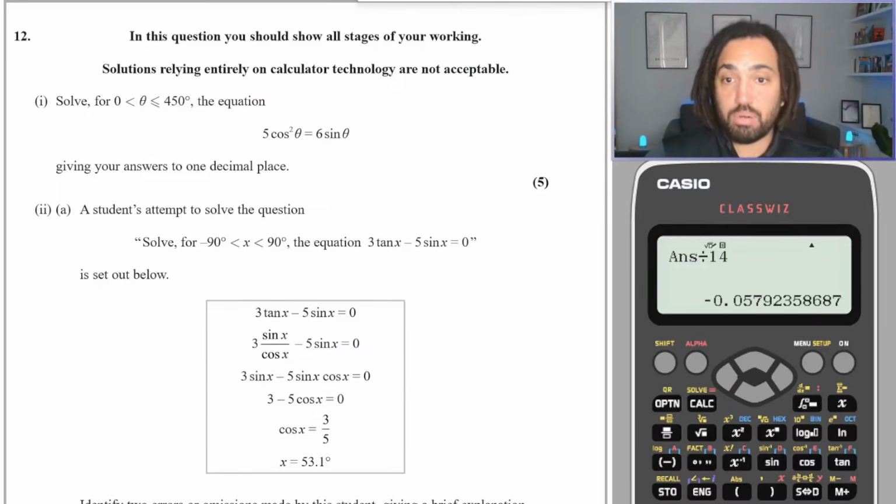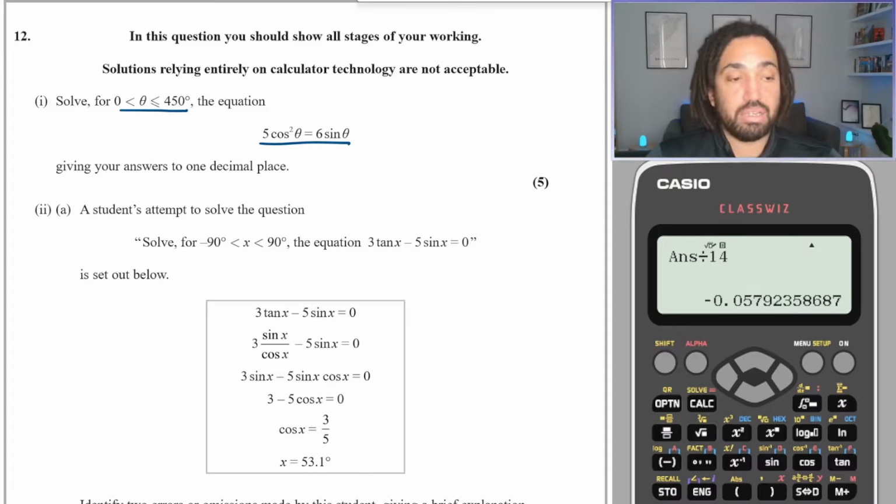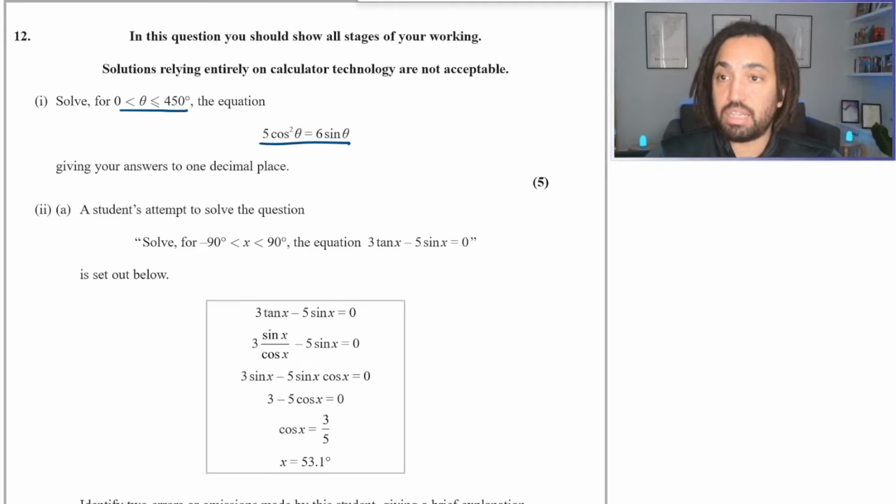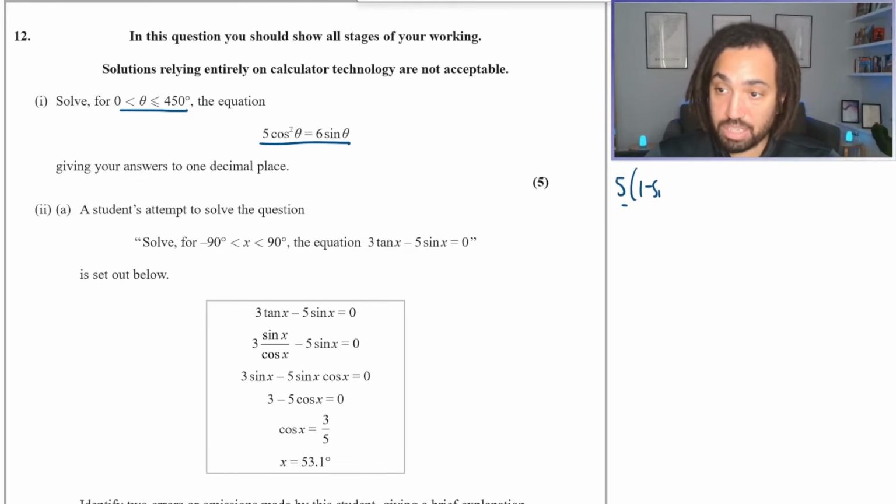Okay, question 12. It's asked me to solve this equation and note that the range is up to 450. Okay, we could do that. I'm just going to grab some space here. And we are going to start by replacing that cos squared with a 1 minus sine squared, classic.